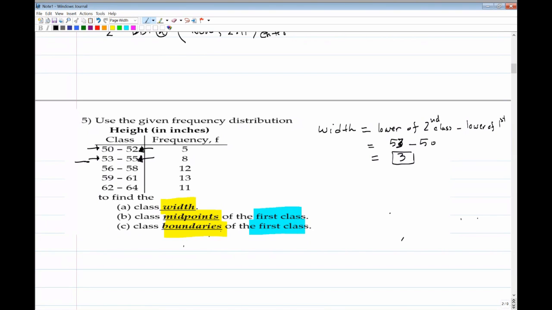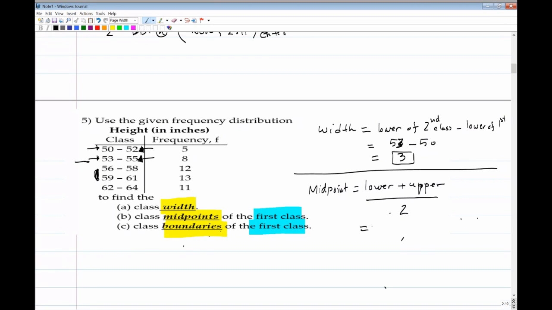Now, notice these two. See this? This is 59, this is 56. The difference is 3. So class width will be fixed. Now, what we have next is the midpoint. To find the midpoint, we always do the lower of the class plus the upper of the class, and we divide the answer by 2.